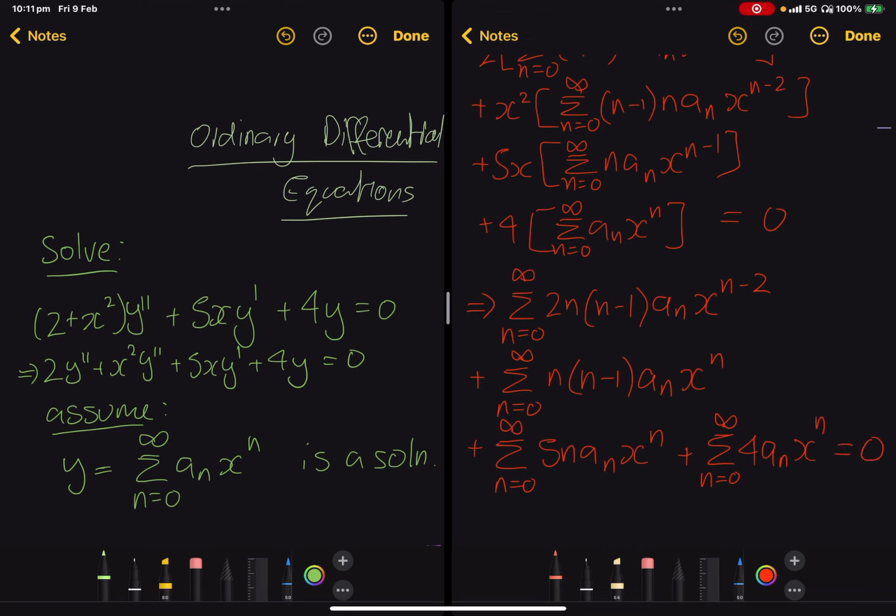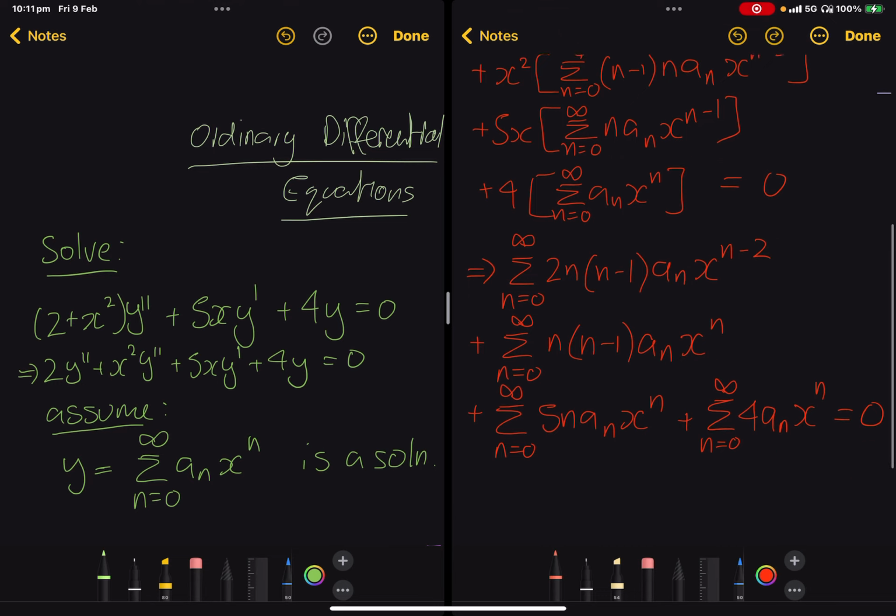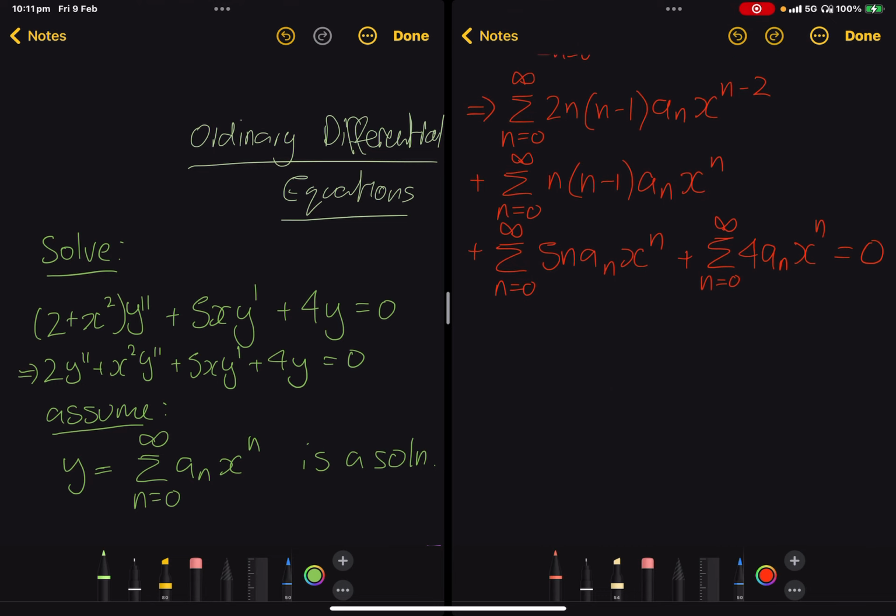Now all of these expressions have an xⁿ in them, except for the first one, which has an xⁿ⁻². So we need to shift this so that xⁿ⁻² becomes xⁿ. Now notice when n is 0, the whole thing is 0.